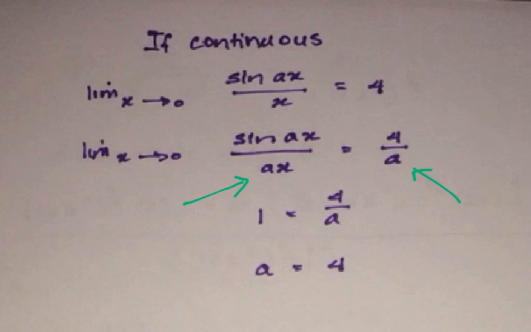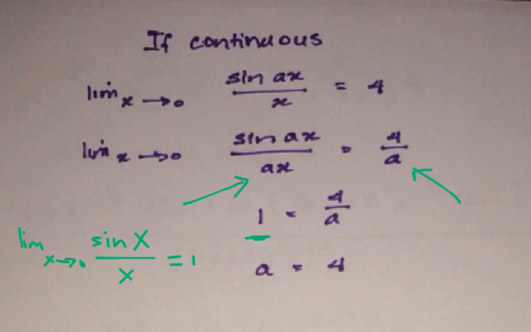The reason why I did that is because the limit as x tends to 0 of sine x over x is always equal to 1. So because I had sine of ax in my numerator, I know I needed to introduce an ax into my denominator so that as I take the limit, that value is going to go to 1.